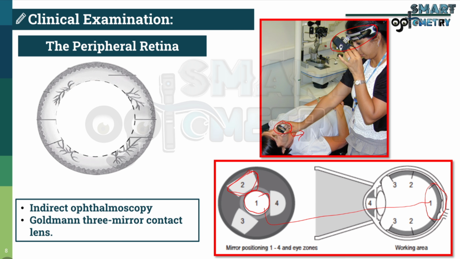The second lens is designed to see the equator of the retina, and the third lens is designed to see the periphery of the retina, and the fourth lens is designed to see the anterior chamber angle. So with the help of the third lens, we will be able to see the peripheral retina.